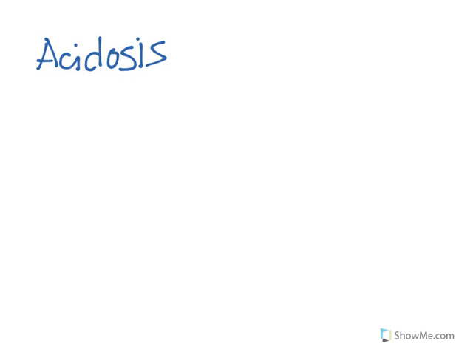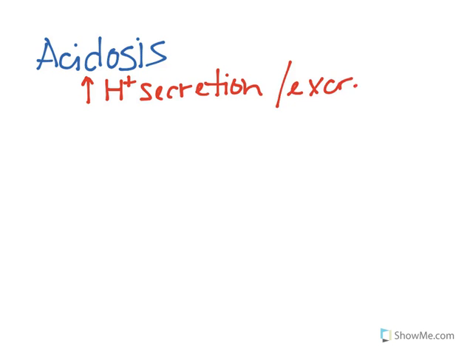In the kidneys, up at the proximal tubule, if you're acidotic, you're probably not going to be filtering as much bicarb because it's going to be tied up. You'll have increased hydrogen ion secretion/excretion.